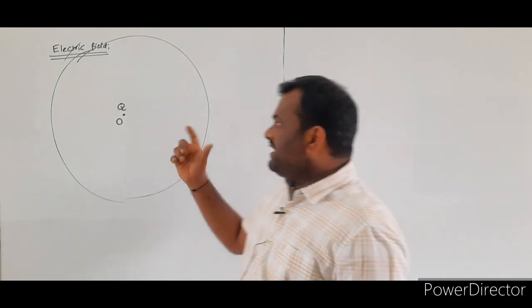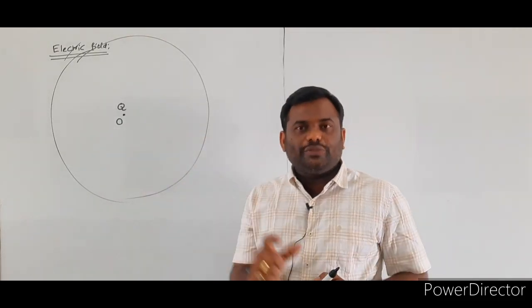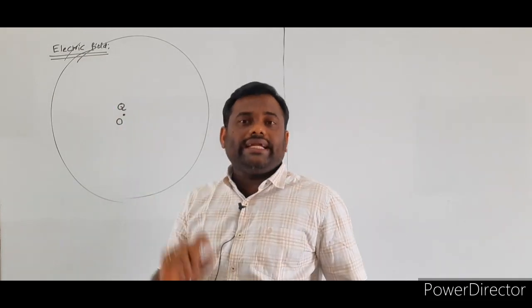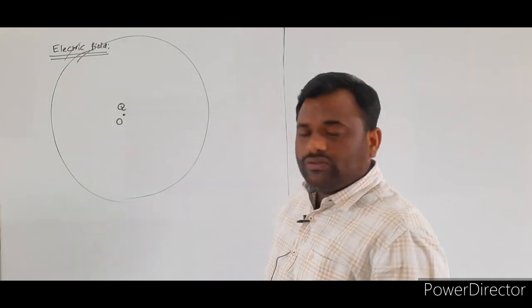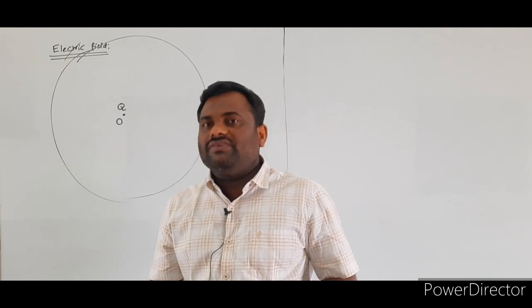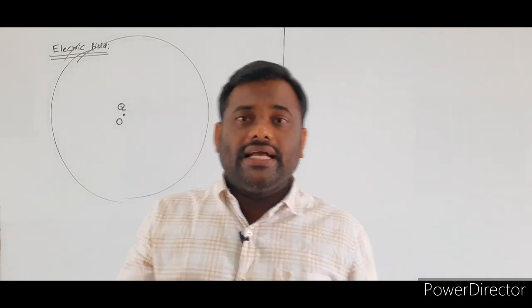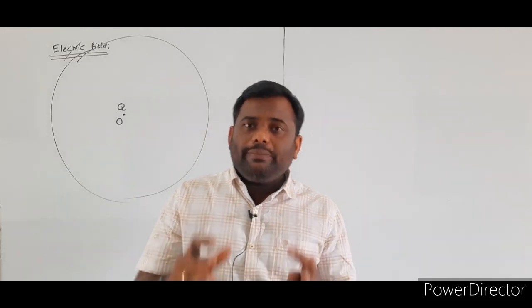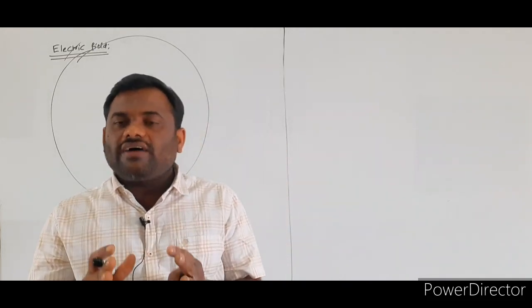Once again, we consider one charged particle of magnitude capital Q located at the point O. Whenever a charge is placed at a given point, the space surrounding it is influenced by some sort of energy.